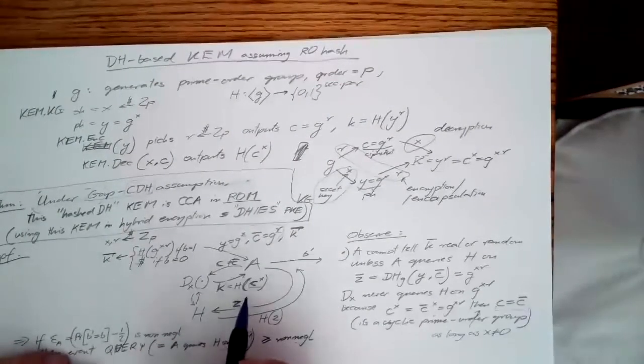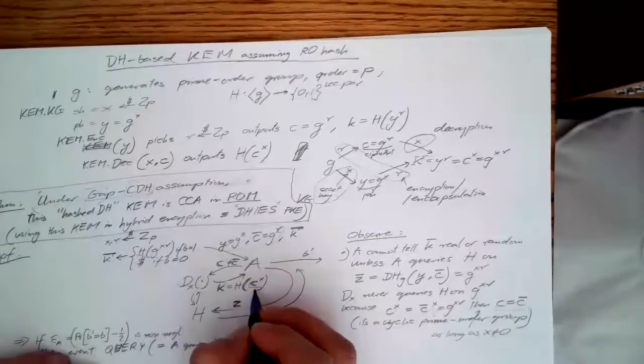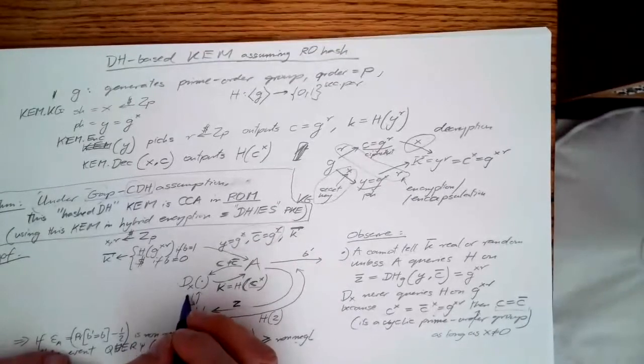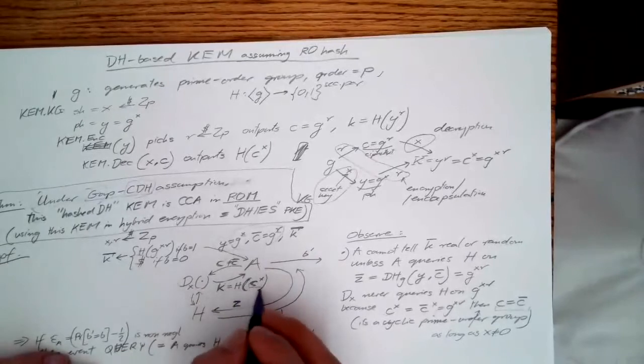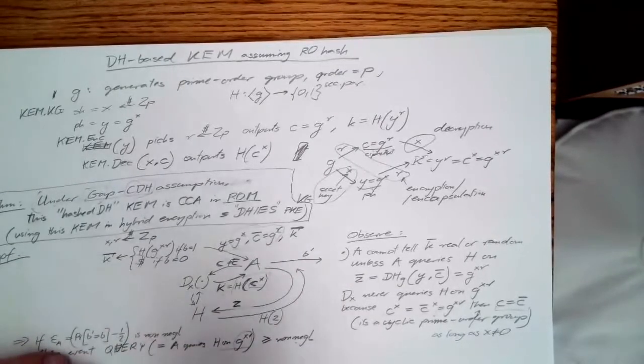But here's the thing. If H is a random oracle, then perhaps the reduction can output random points here as these hashes. And how can the adversary tell whether the random points returned by the reduction are equal to H of the proper Diffie-Hellman value, or not?